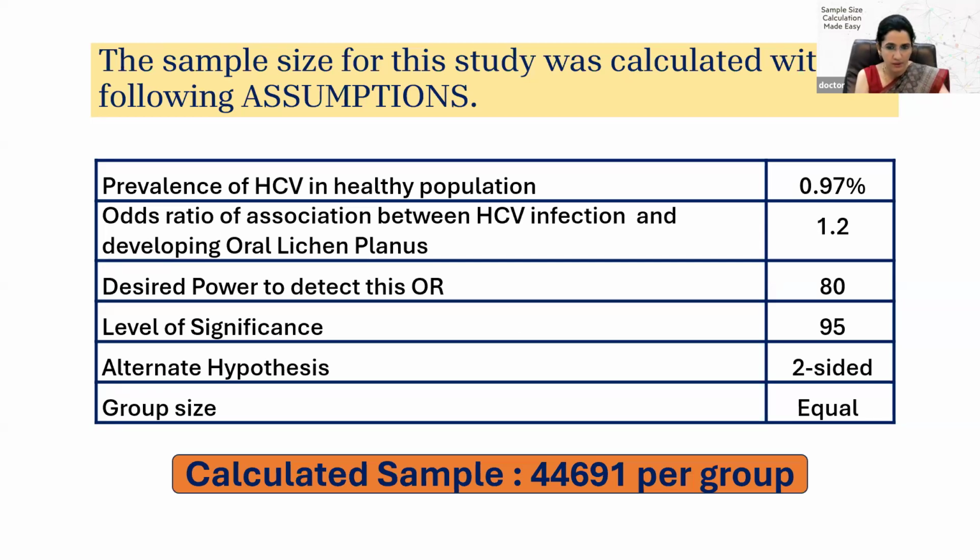And this 1.2 is the odds ratio. So if you calculate the sample size, remember it is 0.97 and 1.2 is the odds ratio.